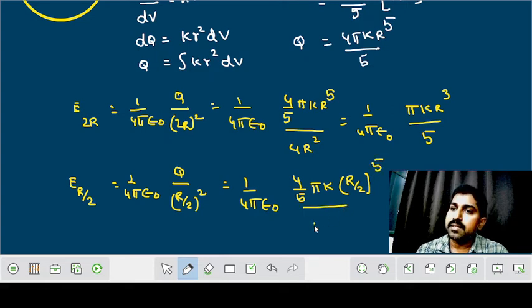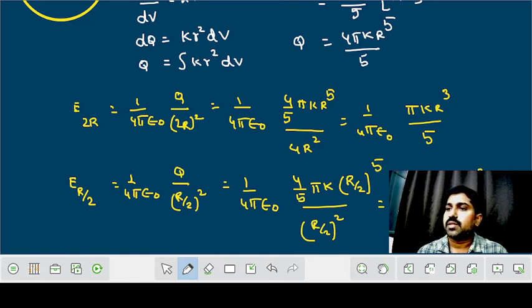So r by 2 whole power 5 by r by 2 whole square, and r by 2 whole square again cancels, leaving r by 2 whole cube, which means r cube by 8.